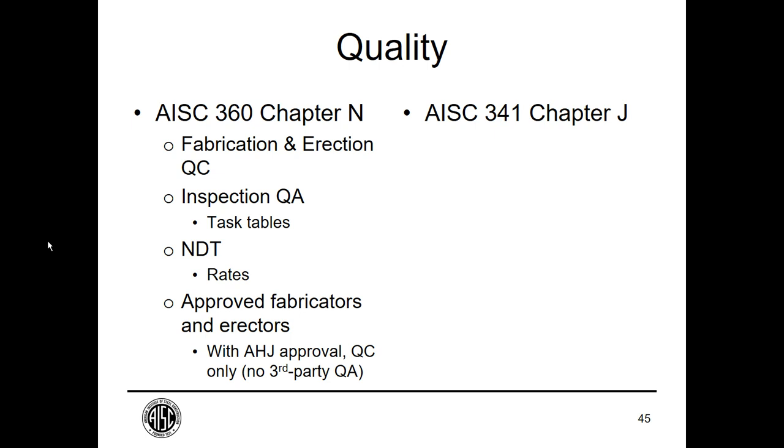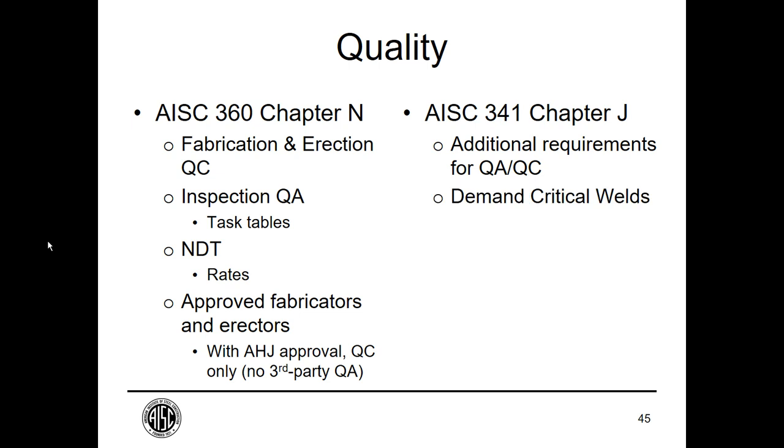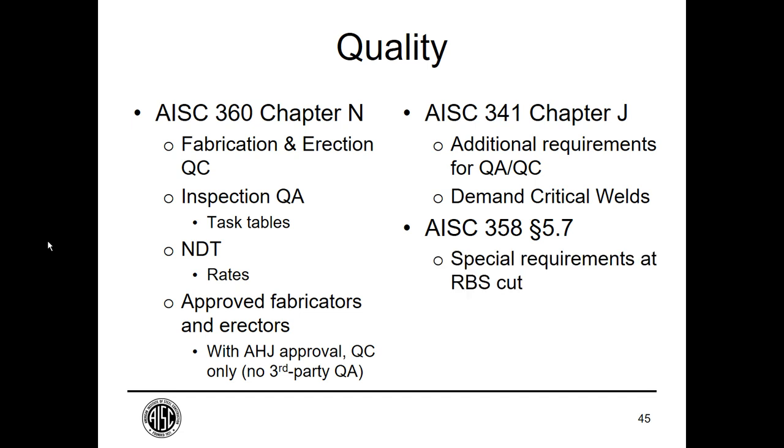AISC 341 Chapter J covers similar territory, but it's a bit more stringent for the seismic system. So over and above what's required in Chapter N of 360, we have requirements in Chapter J of 341. These include requirements for demand critical welds. And AISC 358, the pre-qualified connection standard, if we're using one of those pre-qualified connections, has additional requirements, say for the reduced beam section cut.